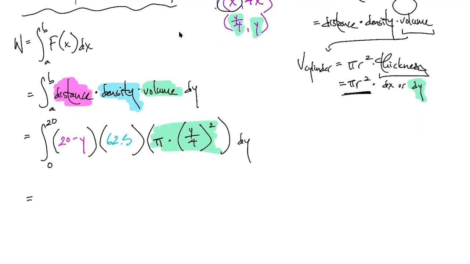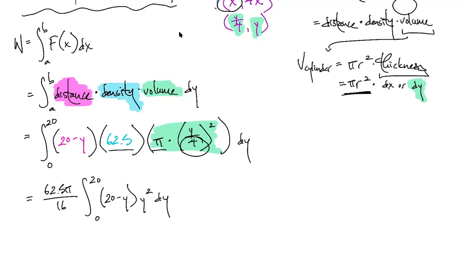All right. So in terms of integrating, it's actually not that bad once we pull out all the constants. I'm going to take out the 62.5. I'm going to take out the pi. And I'm going to take out not a 4, but a 16, because it's 4 squared. That means in the front, I'll have 62.5 pi over 16. The integral from 0 to 20 of what's left, 20 minus y times y squared.